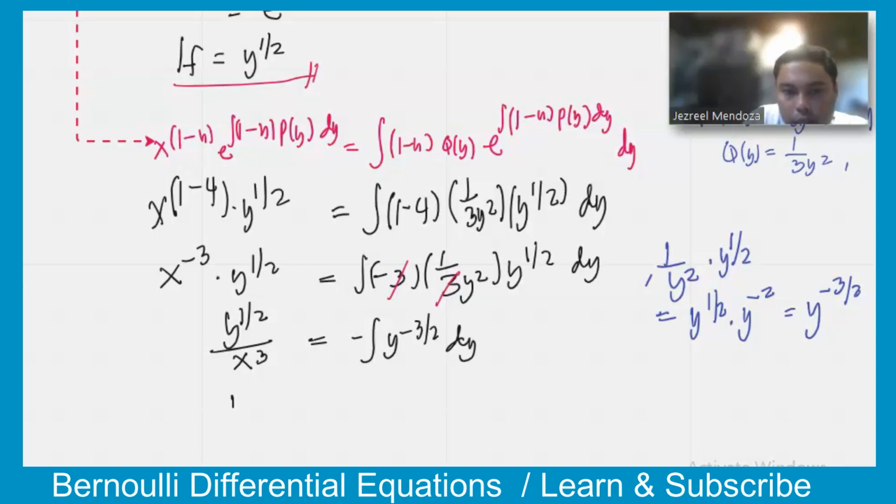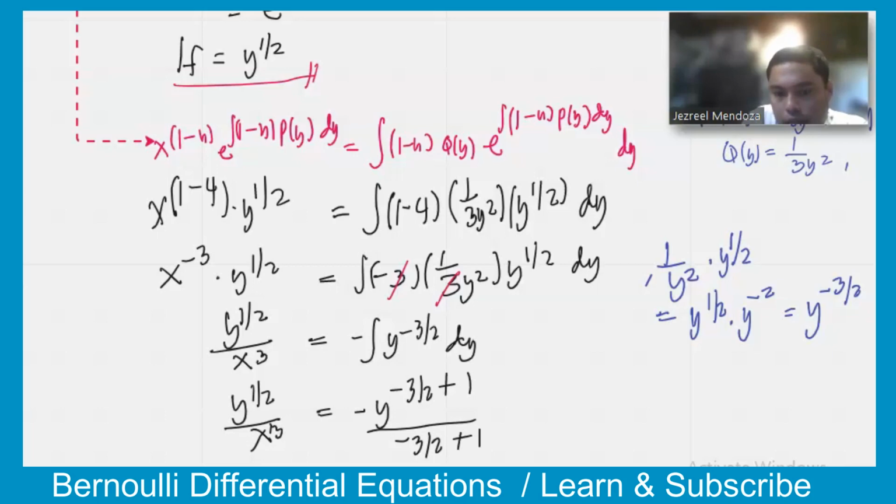Then continue, we have y to the 1/2 over x cubed equals negative y to the negative 3/2 plus 1, over negative 3/2 plus 1, then the constant of integration, plus c.